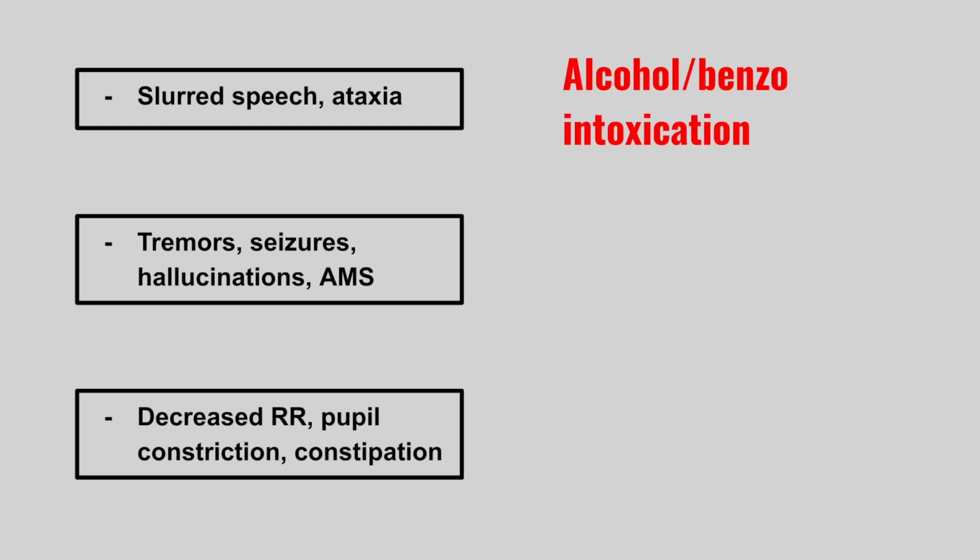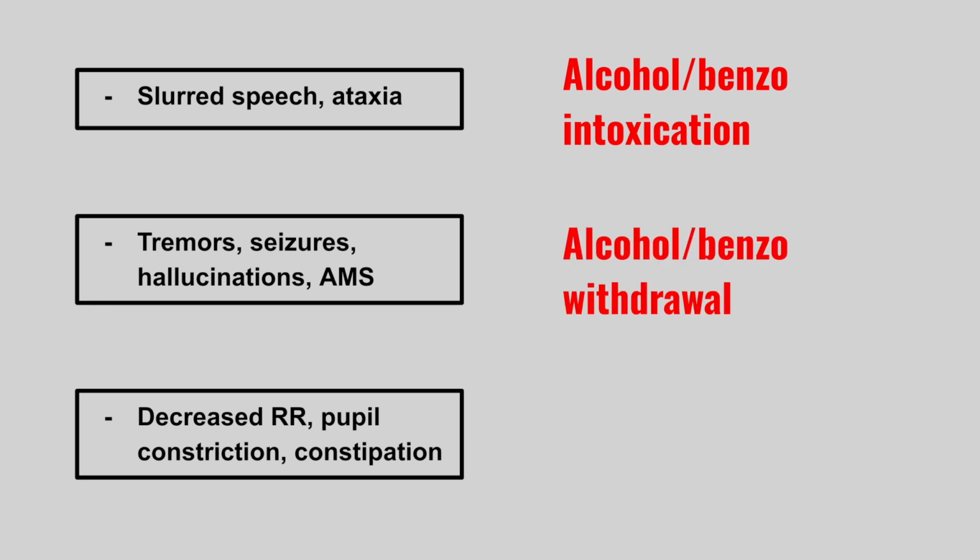So this is alcohol or benzo intoxication. Next, the patient's going to come in with tremors, seizures, hallucinations, and altered mental status. This is alcohol and benzo withdrawal.